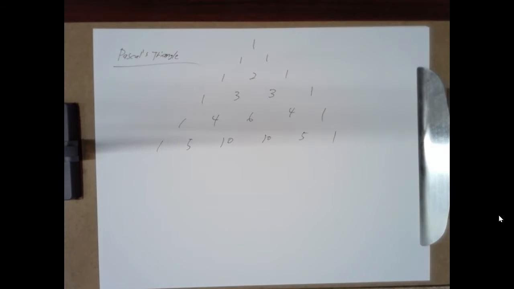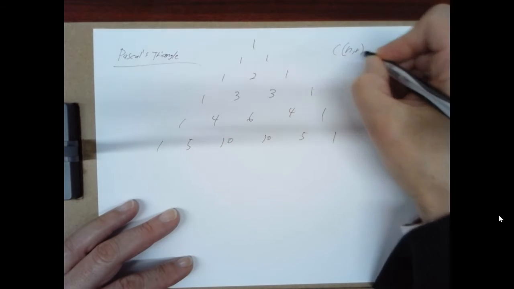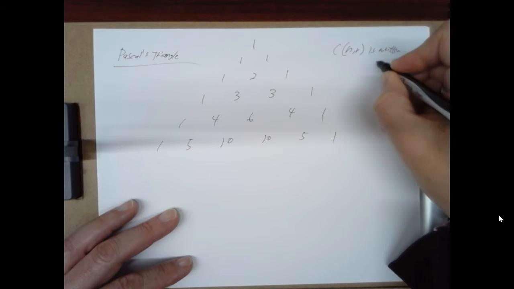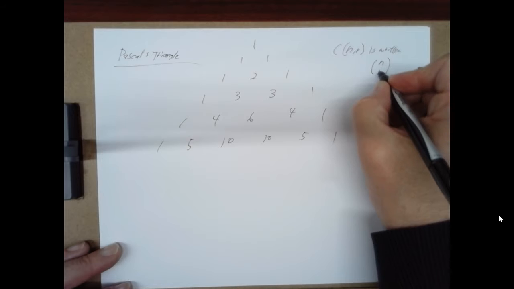All right, so Pascal's triangle is a triangle that shows you what the value of different combinations are. So let me give you a shorthand here. C(n, r) is written like this: just n and r on top of each other inside parentheses. Okay, so that's a shorthand for C(n, r).